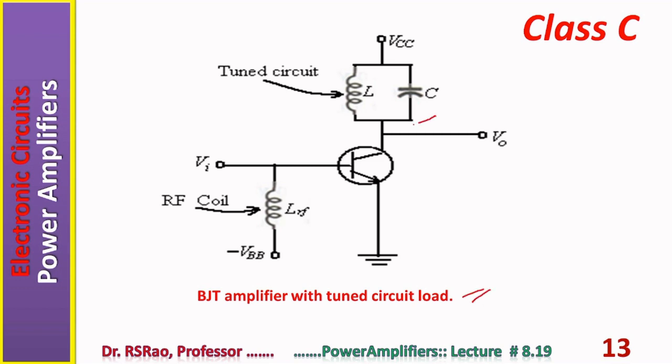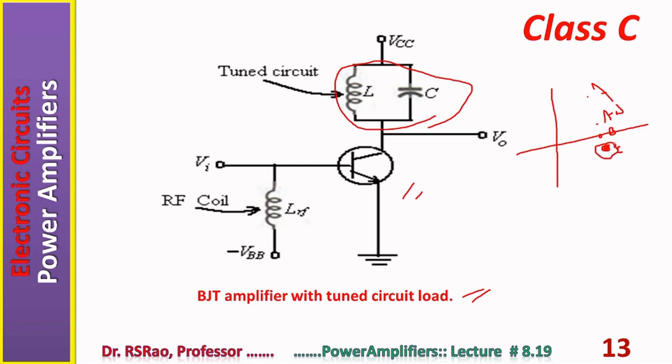Diagram is shown. A tuned circuit is used as load. This is ordinary amplifier only, tuned circuit. Operating point of this amplifier is set in cutoff region, somewhere here. This is C, this is B, this is AB, this is A. As it is in cutoff, when signal input is given, sometimes this signal input makes the transistor jump above cutoff, into the active region.